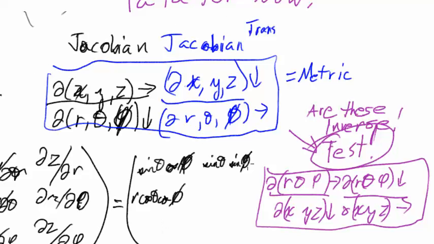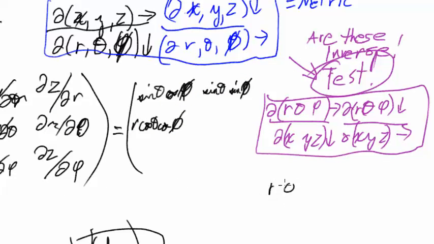Now, I'm trying to come up with another reason that might have failed. Is it possible that I could have a commutativity error? What if I had this reversed? Would it give the same thing? This one goes r theta phi going across, and r theta phi coming down.